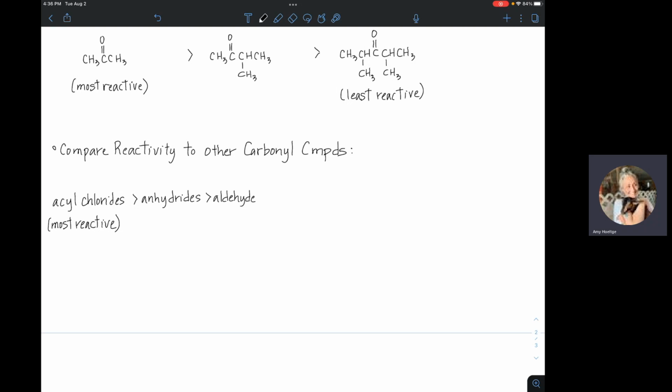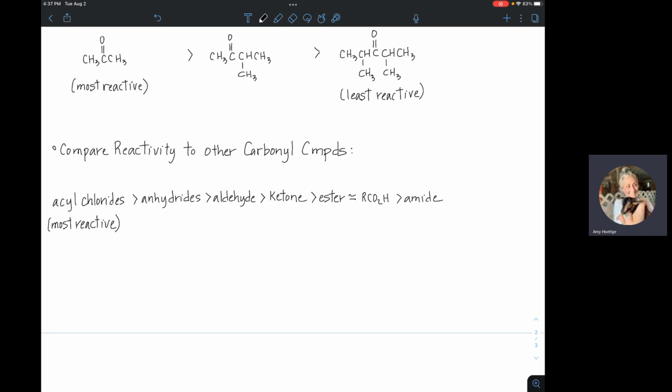Which will be more reactive than a ketone. Which will be more reactive than an ester, which is kind of the same as a carboxylic acid. I'll abbreviate that because it's too long. Which will be more reactive than an amide.